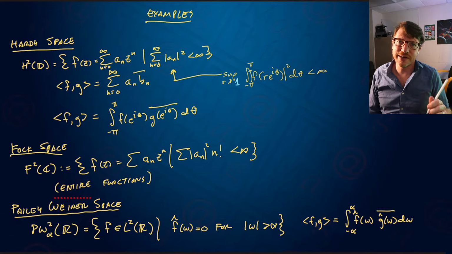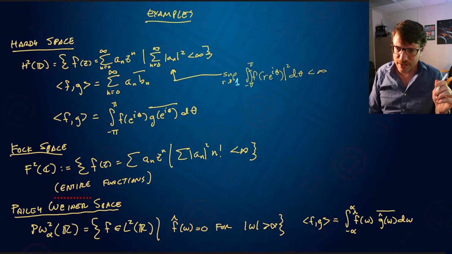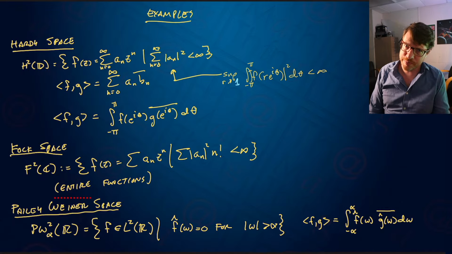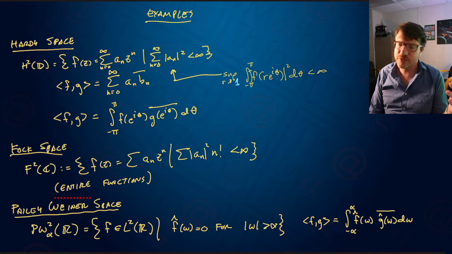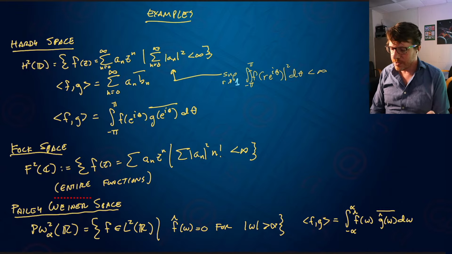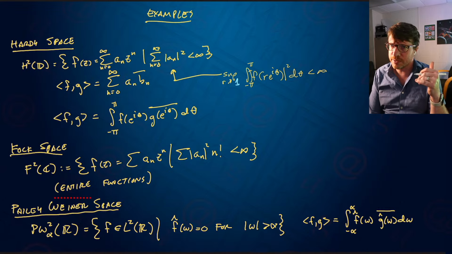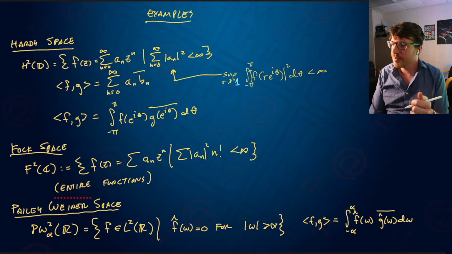Fock himself came in from quantum mechanics, and that's where he did a lot of his development, whereas Bargmann looked at this from the perspective of spaces of entire functions. The Fock space in particular is directly connected to the quantum harmonic oscillator, and one day we can come back and talk about that, but that's not what I'm going to talk about. If you want to see what that's about, Brian C. Hall's book, Quantum Theory for Mathematicians, really dives into that connection, which is very nice.